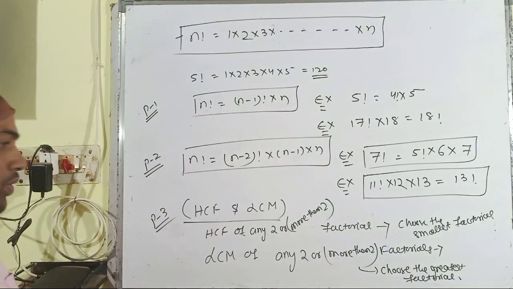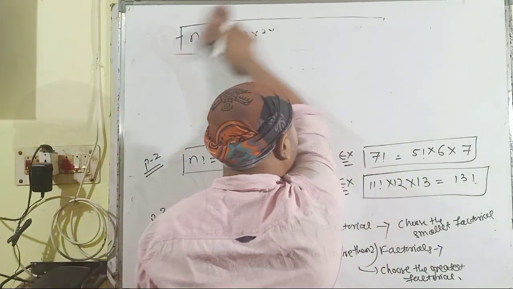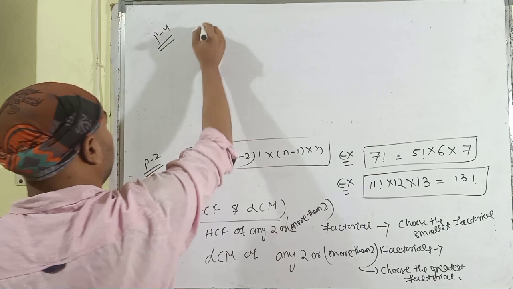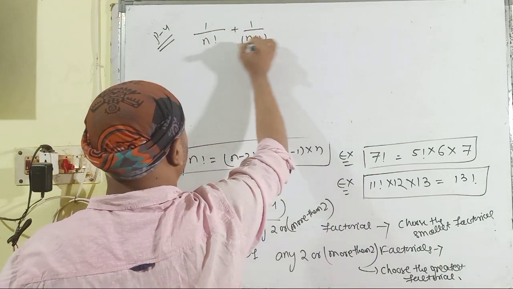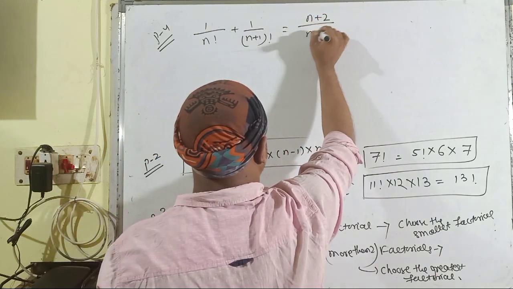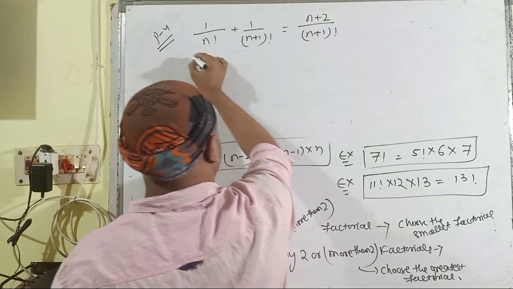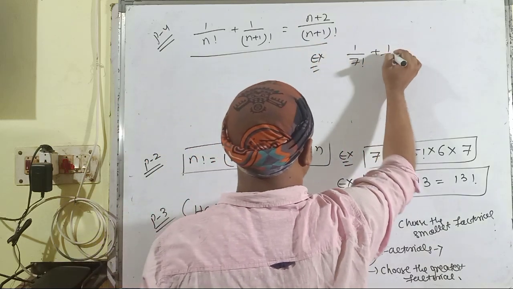Then moving towards the property number 4, 1 upon n factorial plus 1 upon factorial of n plus 1, and then this will be n plus 2 divided by factorial of n plus 1. Let us give an example here, 1 upon 7 factorial plus 1 upon 8 factorial.